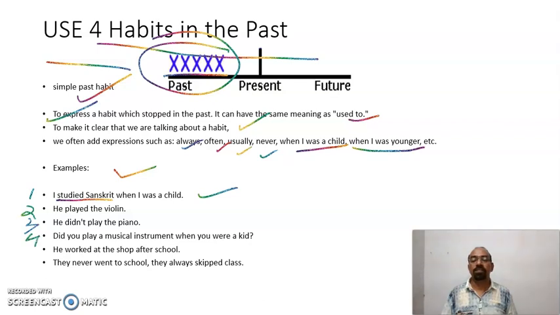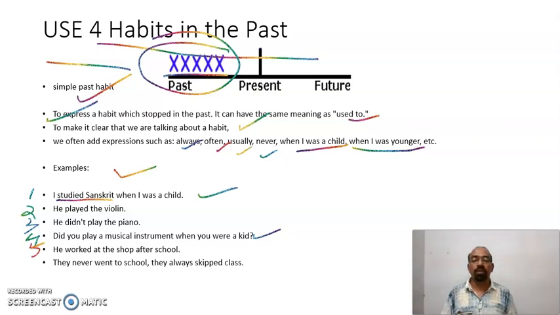Fourth sentence. Did you play a musical instrument when you were a kid? Did you play a musical instrument means whether he had the habit of playing a musical instrument when he was a child. That is the question.